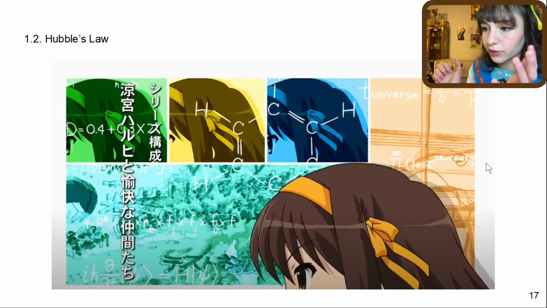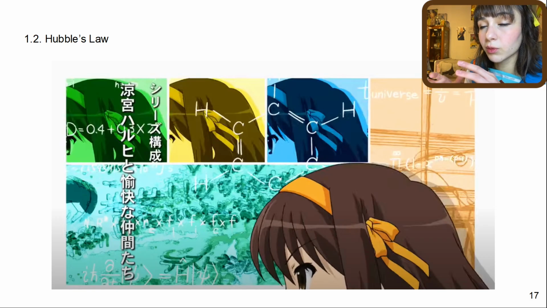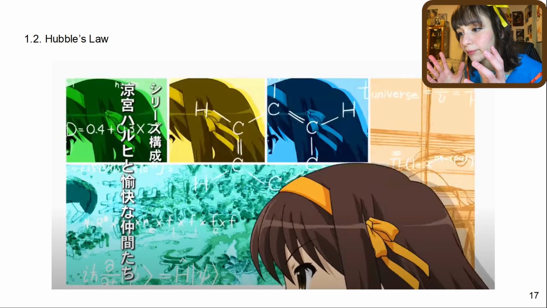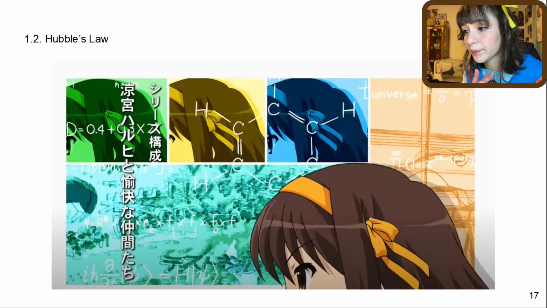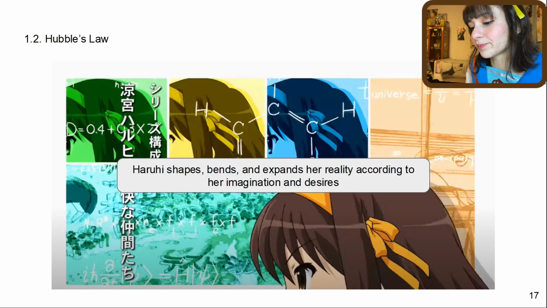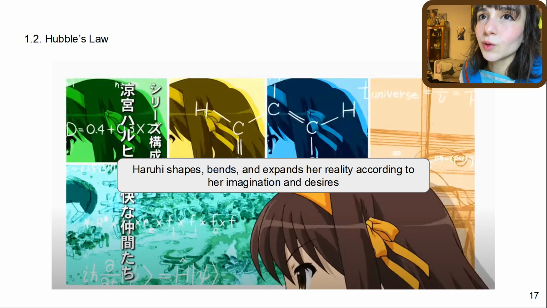So I'm sure you've heard about, for example, the Hubble Space Telescope. This was all named after the scientist Hubble. Hubble's law basically talks about the expansion of the universe.